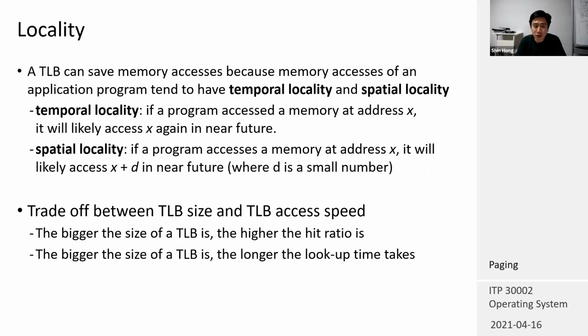So there's an issue, but we have seen a pretty nice idea, the TLB, which is a kind of cache of the page table, by which we can hold a pretty large page table. The page table becomes large because we make each page small.